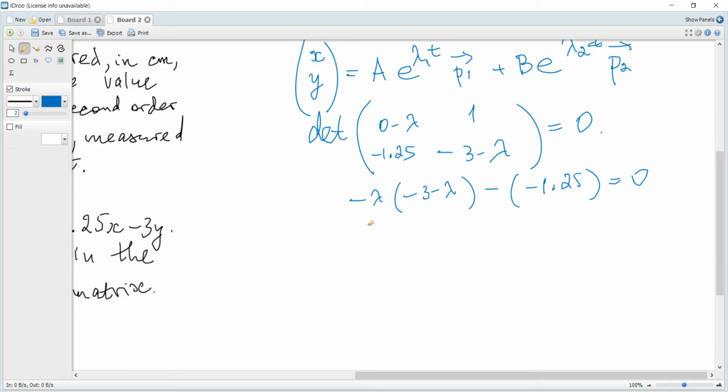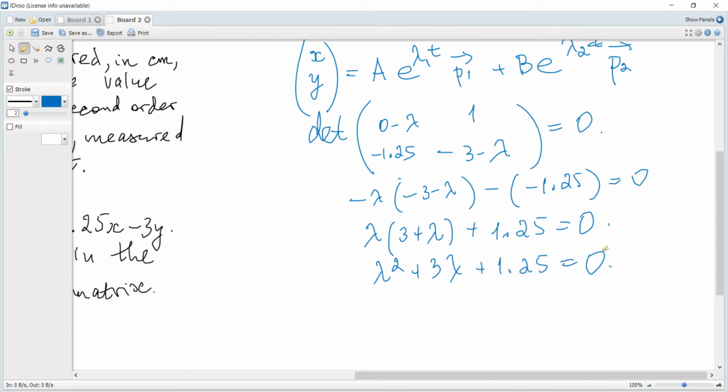So it becomes lambda times 3 plus lambda; we can factor out the minus, and it also becomes plus 1.25, equal to 0. Then expand to get a quadratic equation: lambda squared plus 3 lambda plus 1.25 is equal to 0, and it's called the characteristic equation.